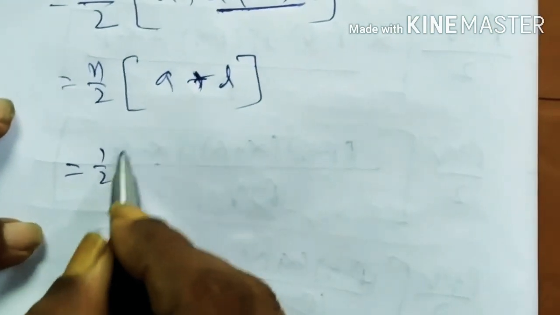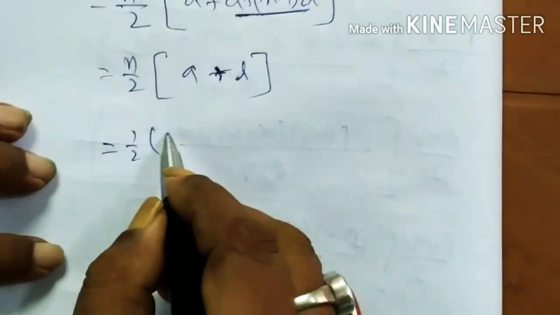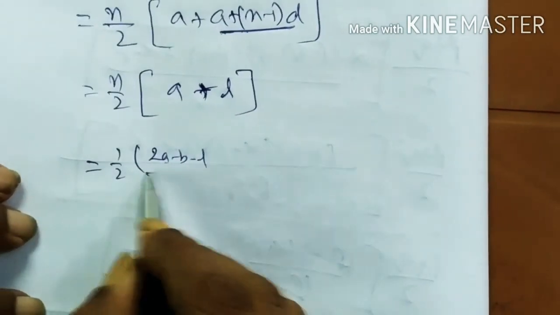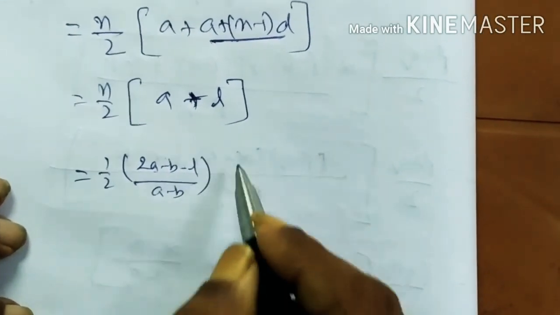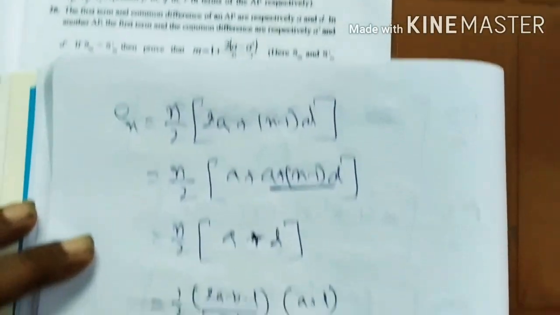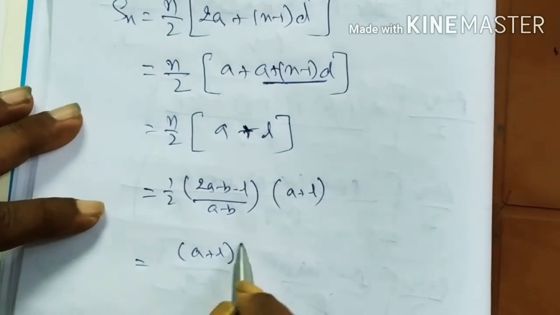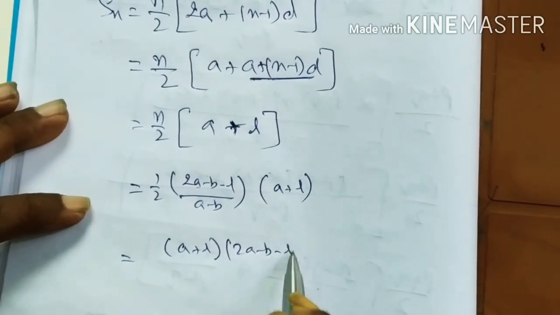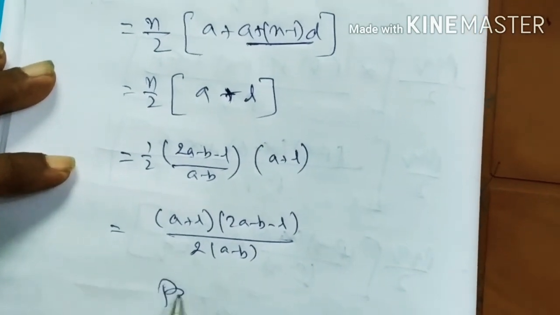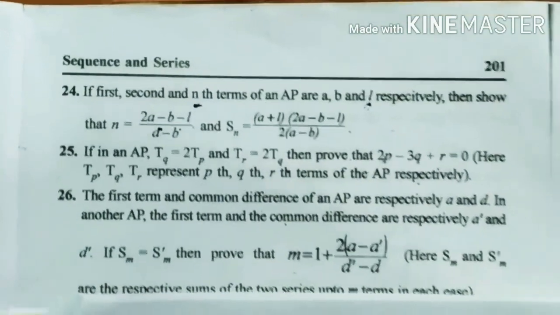So 1 by 2, comma, (2A minus B minus L) by (A minus B), (A plus L). Just I am writing as it is given in your book: (A plus L) times (2A minus B minus L) by (2A minus B). This is what was to be proved.